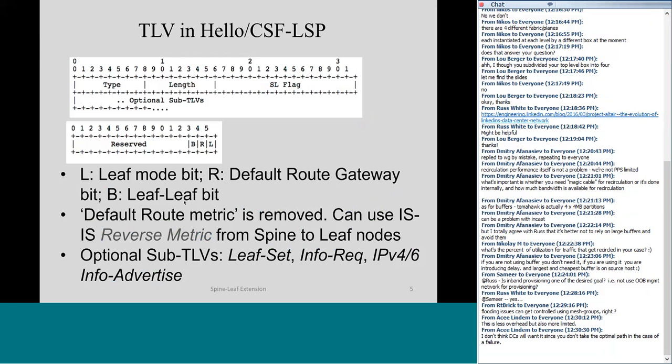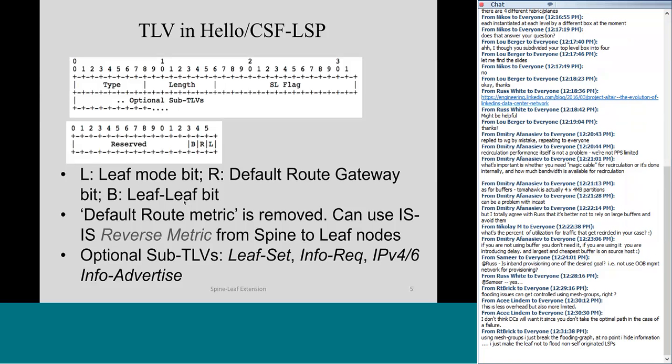So this is the basic TLVs, and we define a new TLV. This TLV, which is described in the new draft, can be used in the hello or the circuit scoped flooding scoped LSP. The AL bit indicates I am the leaf, and the R bit indicates I'm the spine. Now, let's skip the B bit, which is between the leaves for the local traffic inter-exchange.